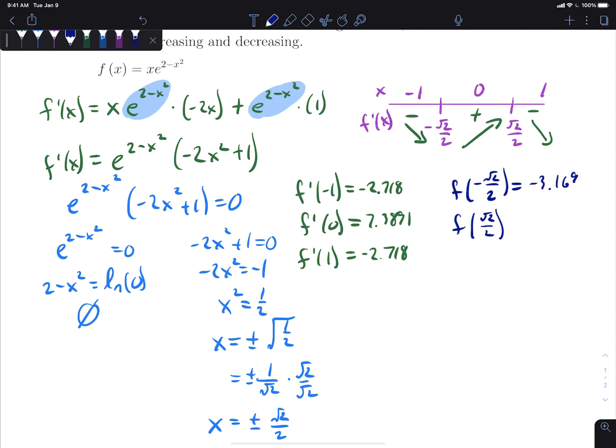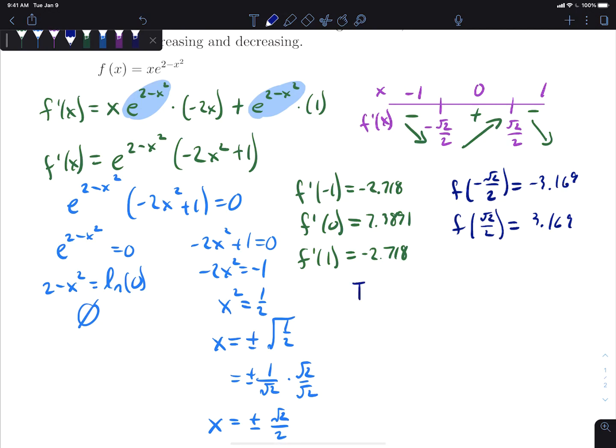And positive root 2 over 2 will probably just give me the positive value, but let's just type it in. So square root of 2 over 2. Yep, positive 3.169. Good deal.